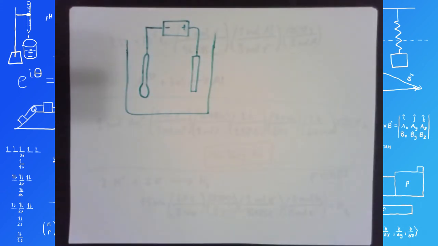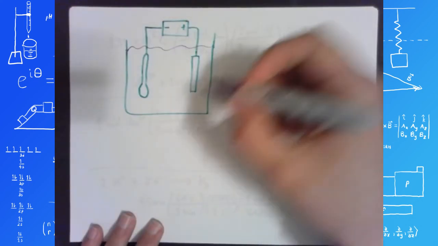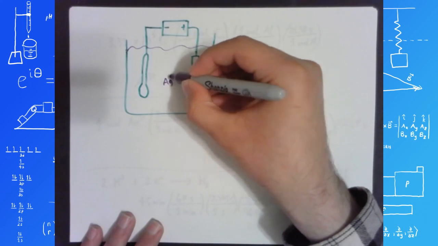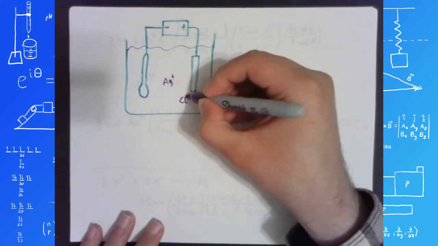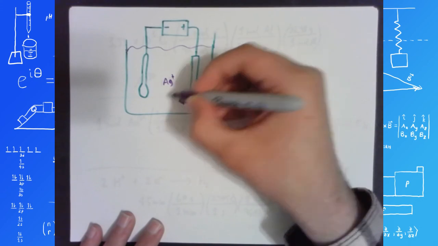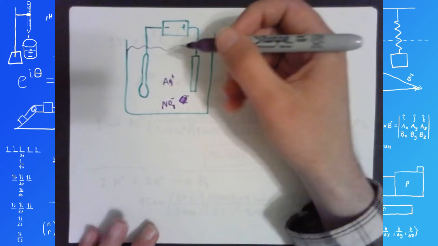And yeah, dip that in a solution that contains silver ions. So there's silver ions floating around and whatever else goes with it. Not chloride, nitrate. Something that's soluble with silver.